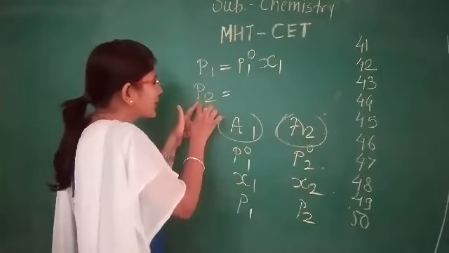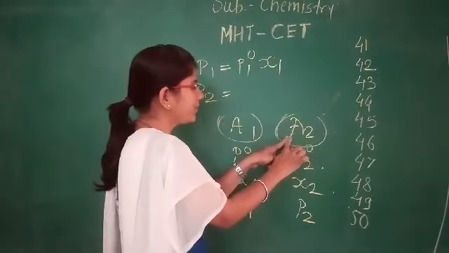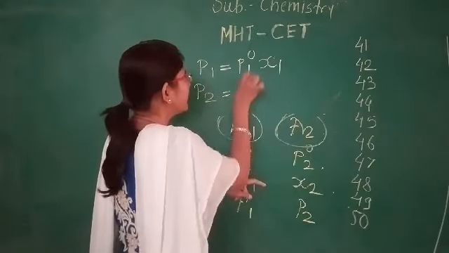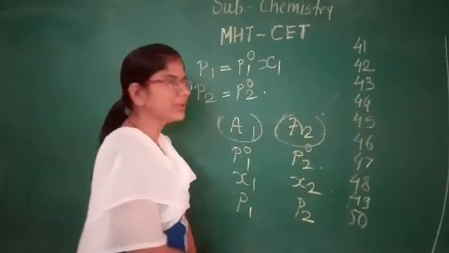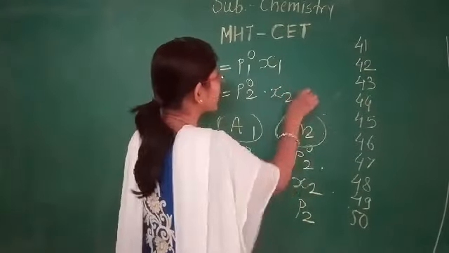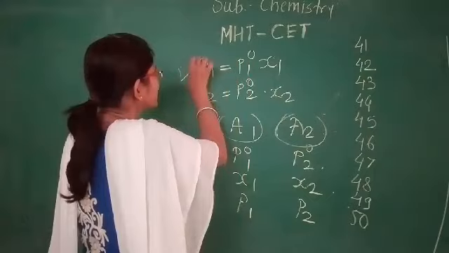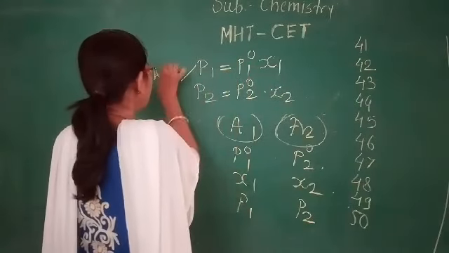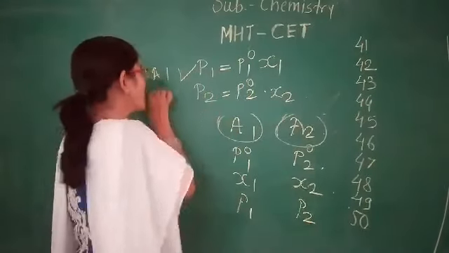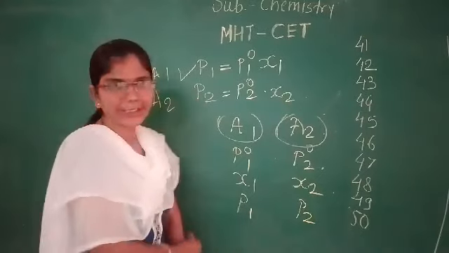Therefore, the partial pressure on the second component is equal to the vapor pressure of the second component into the mole fraction of that second component. This is the partial pressure on component A1 and this is the partial pressure on component A2.